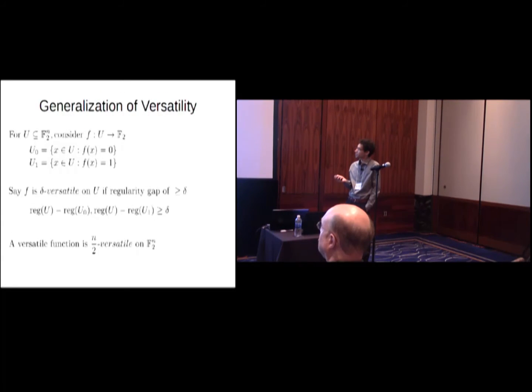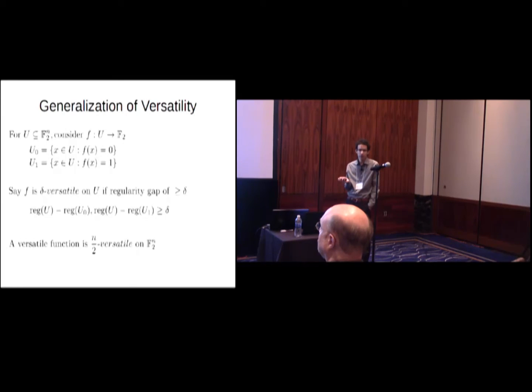The generalization of versatility is then the following. Given an arbitrary set U contained in F2 to the n, where the idea is U should be some very small set, F partitions U into two pieces, U0 and U1, where F is delta versatile precisely when there's a very large gap between the regularities. That is, U has large regularity and both of these are relatively small.